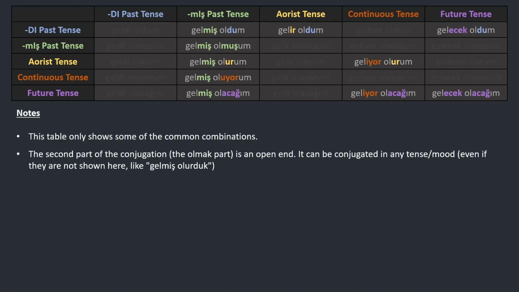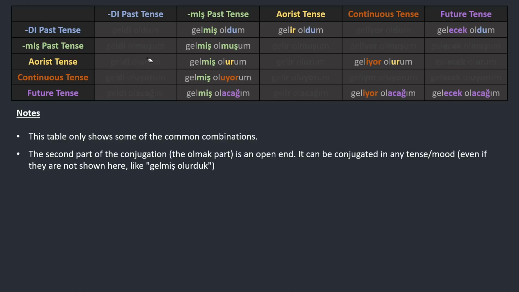We will only be talking about these. Okay, only these ones are commonly used. The other combinations are not really worth learning. Especially the d forms are not even used.